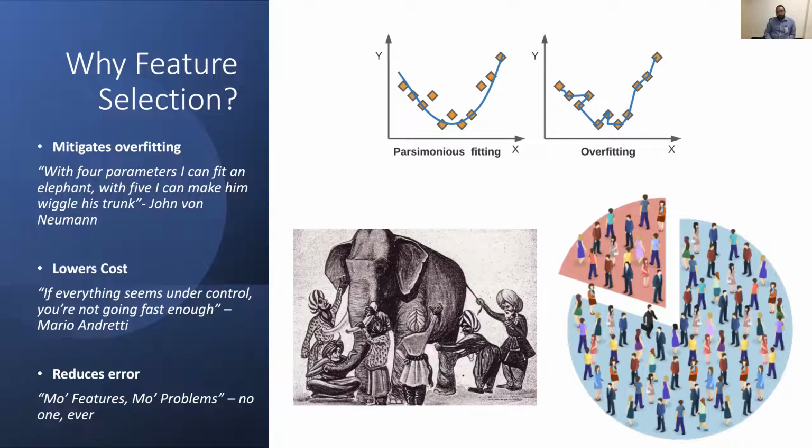Also, you'll find that generally the more features you have, the less accurate your model will be. A way to wrap your mind around that: say that you're some government official trying to come up with a policy, and you have to decide how to deal with, let's say, crime in a certain neighborhood.